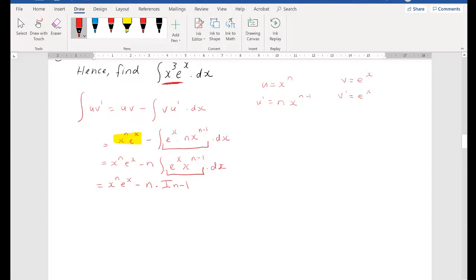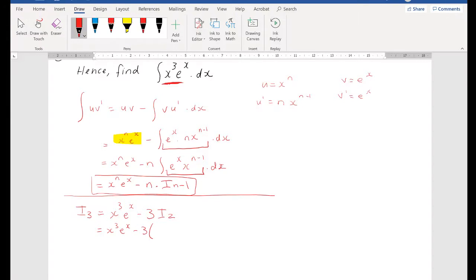So, that is going to be I_3 because n is 3, so let's sub it in. So I get that's x cubed e to the x minus 3 lots of I_2. And this is that fun part that we all love. Now I sub 2 into my formula to find the integral, which is this one.